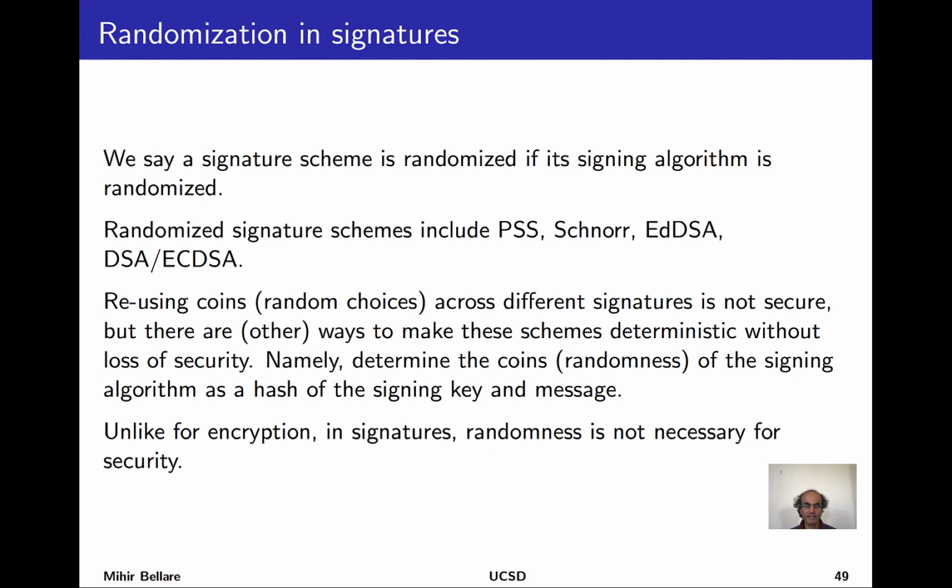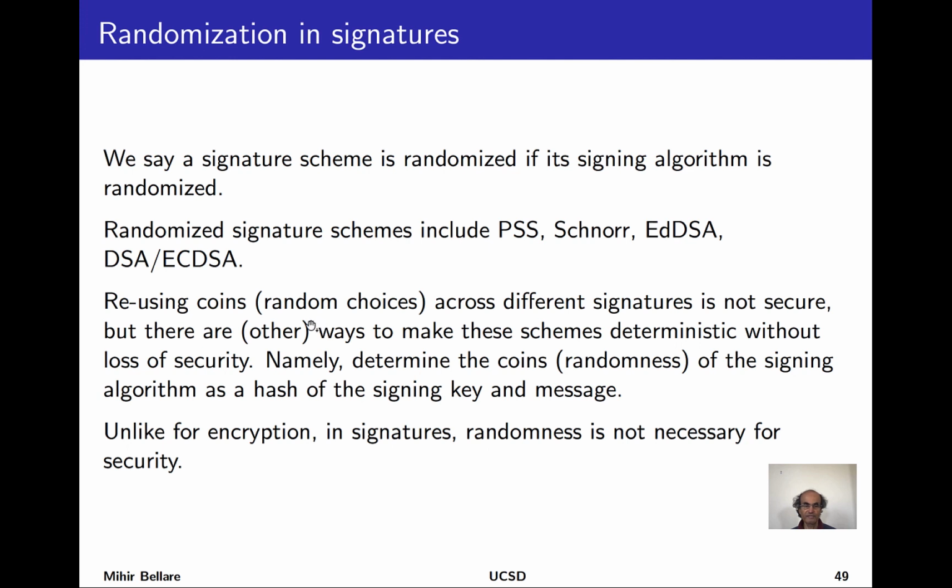Randomization is not necessary for digital signatures. You can achieve security without it. Now, that's a contrast to encryption, where without randomness, the type of security you want is not achievable. When you do have randomness, one must beware that a vulnerability is created if you're not careful about how you pick it. In particular, twice using the same coins can lead to secret key extraction in Schnorr.